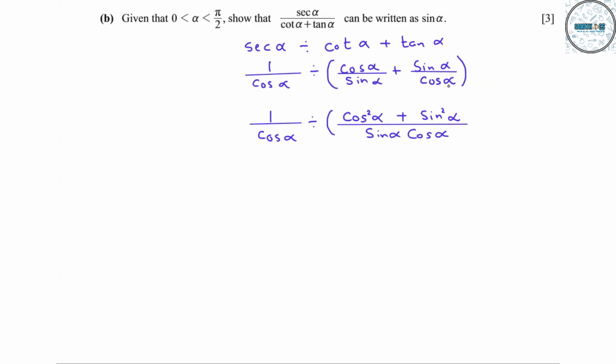In the denominator here, it is cos alpha, so this is to be multiplied by sin alpha. Now, we can take cos square alpha plus sin square alpha as 1. So 1 upon cos alpha divided by 1 upon sin alpha into cos alpha.